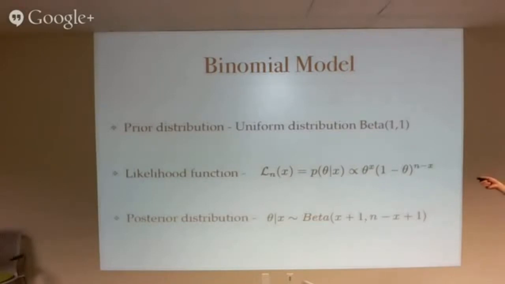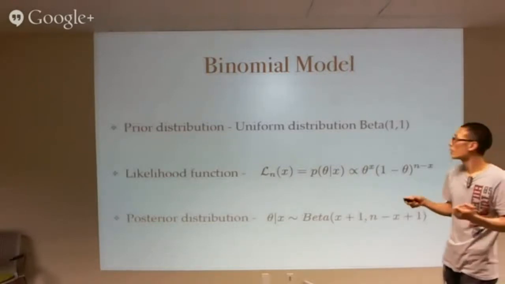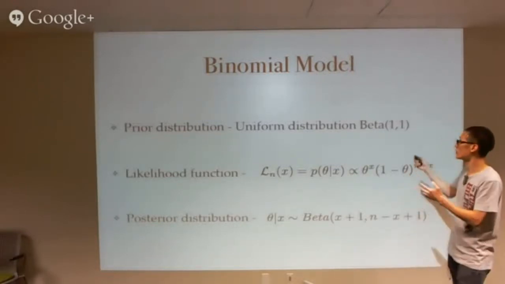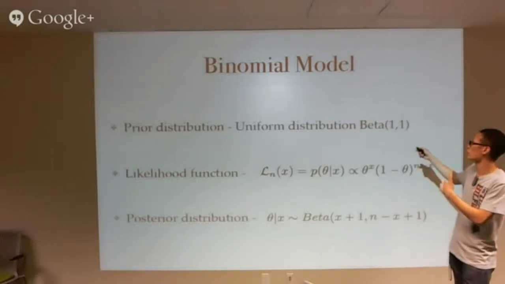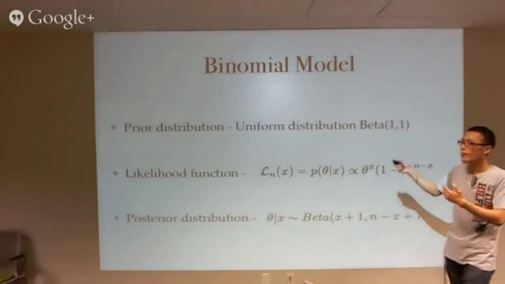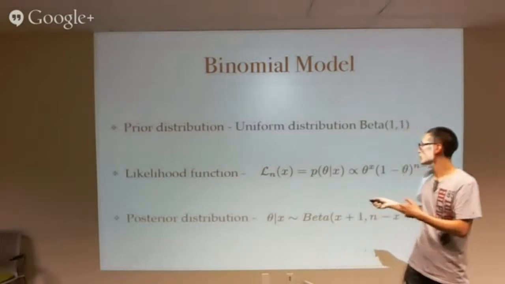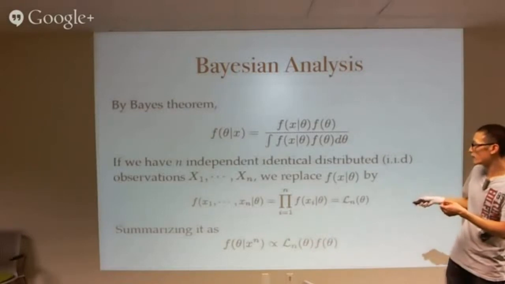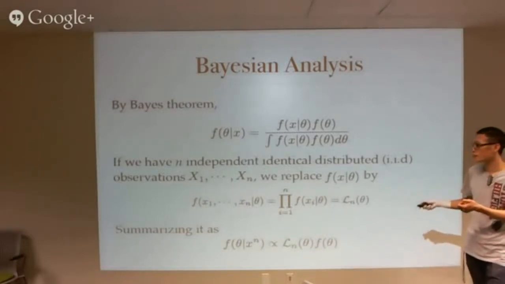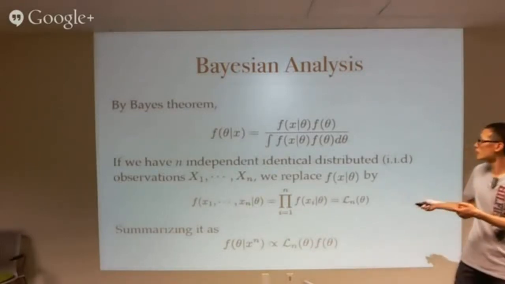This is the specific example where the prior is a beta distribution. The uniform distribution is a particular beta distribution, with a equal to 1 and b equal to 1. For the likelihood function, we use the previous formula: the multiplication of all the f(xi given theta).